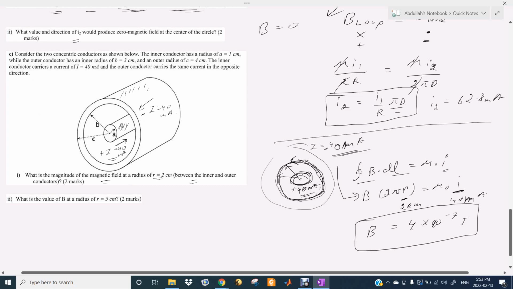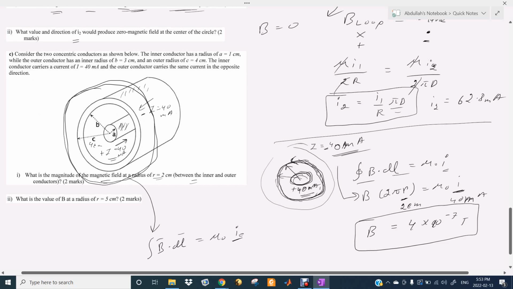For the second part, they ask what's the value of B at a radius of 5 centimeter. Now your c is 4 centimeter. So that means you are looking for an area that's enclosing the entire thing. If you apply Ampere's law, it tells you how much current is enclosed.